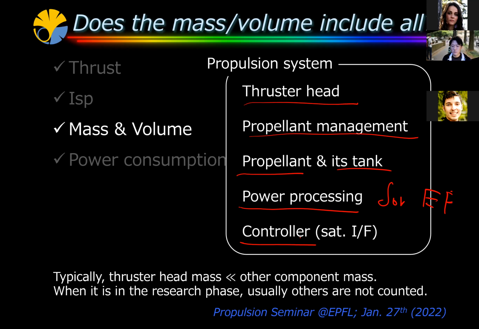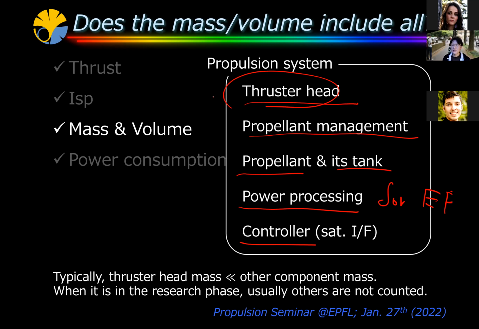This is also very important, especially in the research phase. Usually researchers are interested in only the thruster head. So they are focusing on the thruster head, and they just mention the size and volume of the thruster head, and they are not talking about other components.